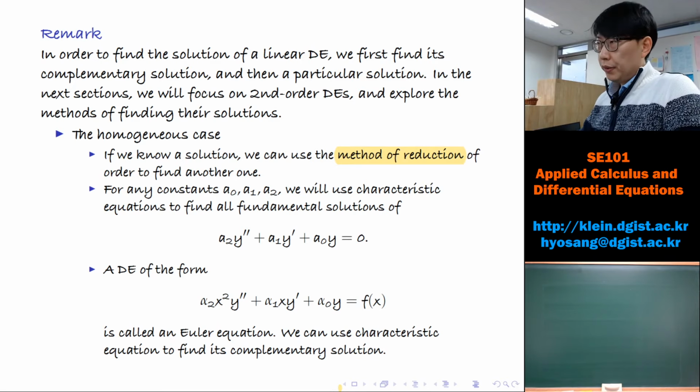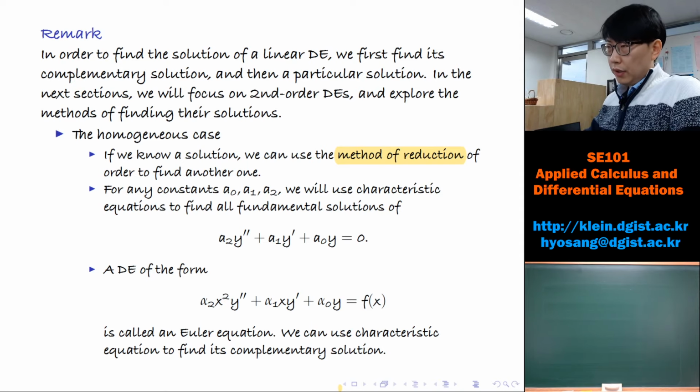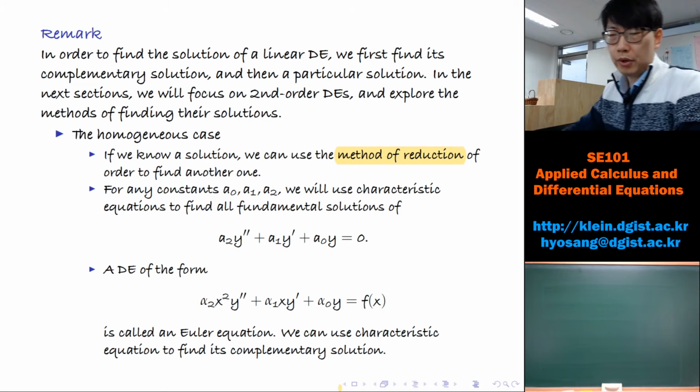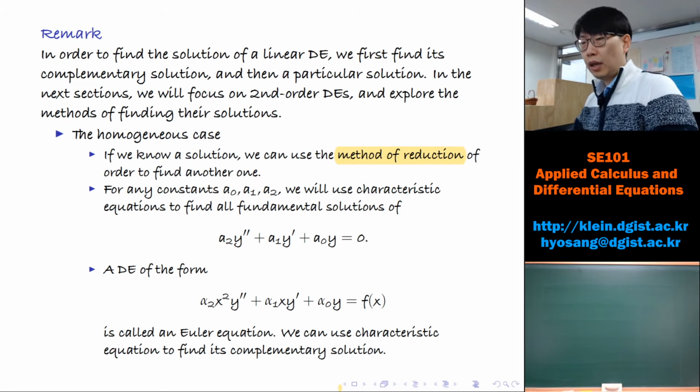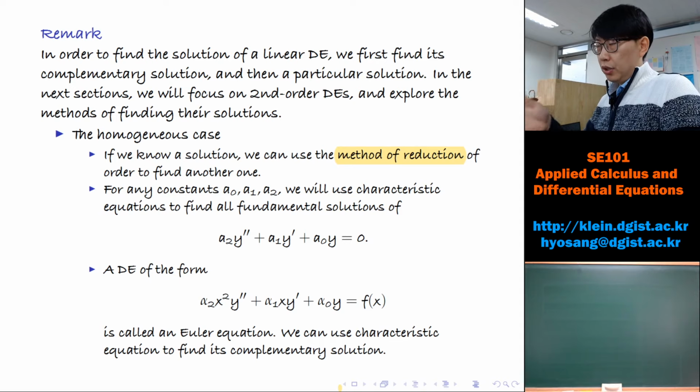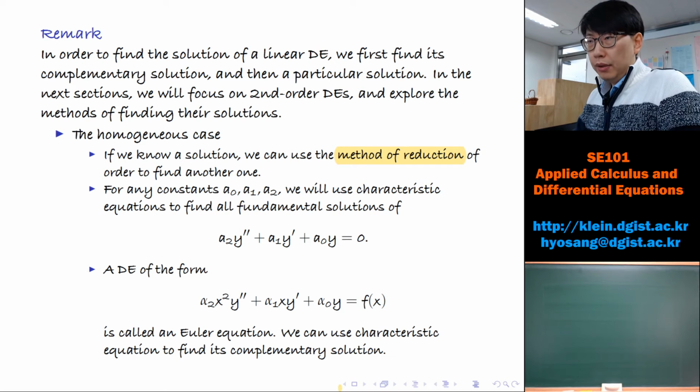When you solve a second order linear differential equation, you need two fundamental solutions. Remember that the fundamental solutions are a set of solutions which are linearly independent. The method of reduction assumes that you know one of the solutions, and the method tells you what the next solution is. So that's the first method.